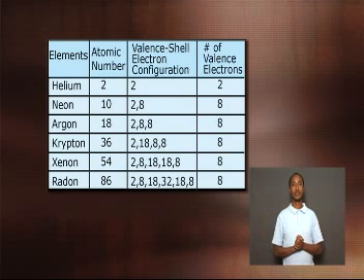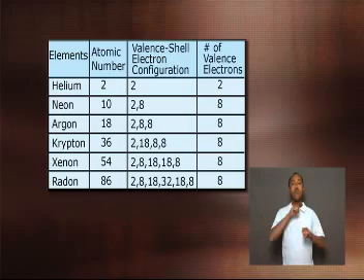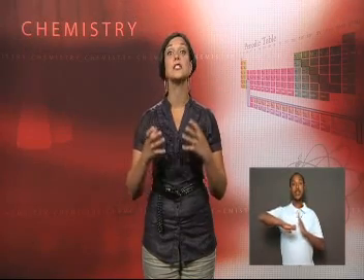Since the atoms of all of these elements are stable, they do not need to form compounds with other atoms. Therefore, valence electrons are responsible for the formation of chemical bonds.